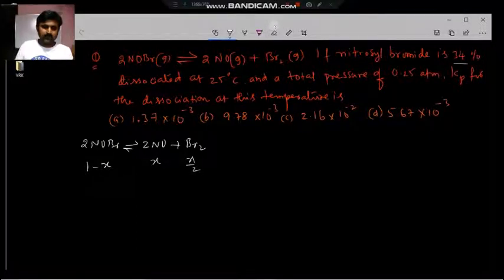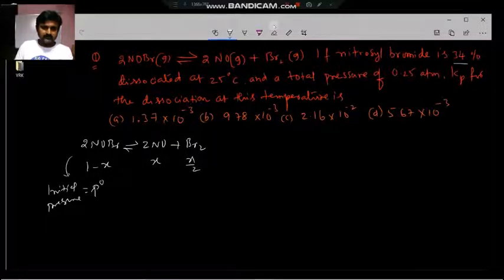Moving on to the total pressure, assume the initial pressure of NOBr is P naught.